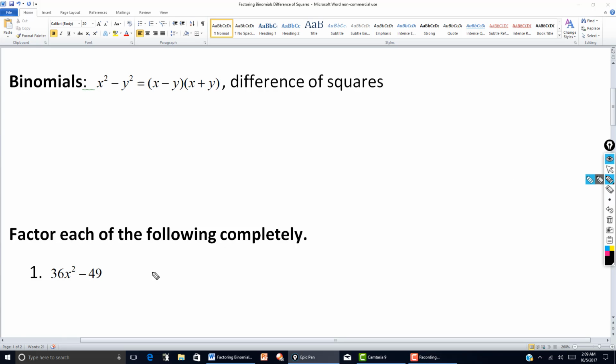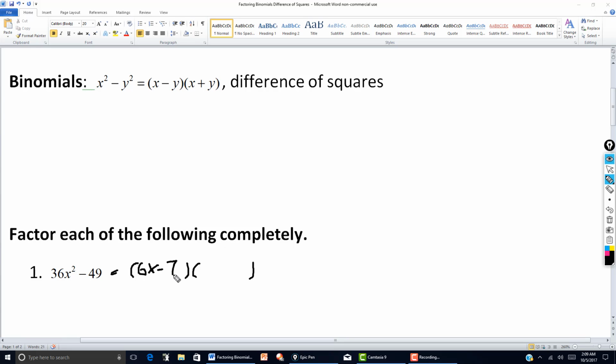This one states factor each of the following completely. So I have the difference of two squares. According to the formula, this should equal the difference and the sum of the square roots. The square root of 36x squared is 6x.